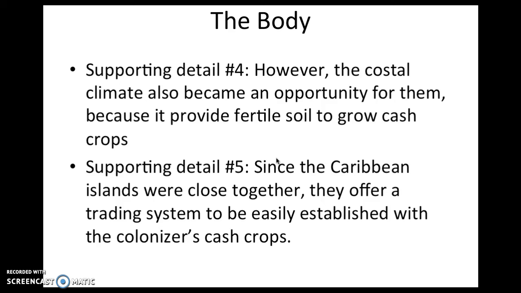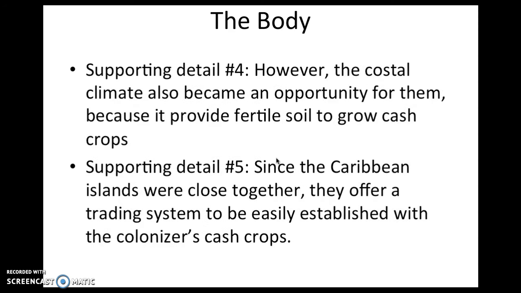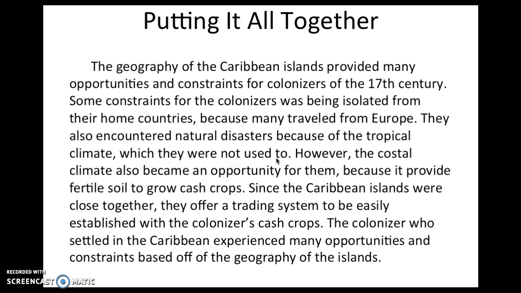So, in my body paragraphs, I have successfully given you some constraints and some opportunities for success that the colonizers had. And then my conclusion sentence is, the colonizers who settled in the Caribbean experienced many opportunities and constraints based off of the geography of the islands.